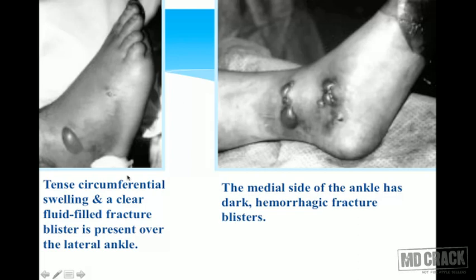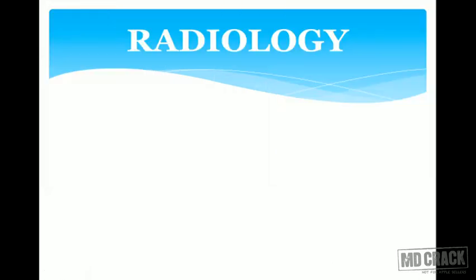Tense circumferential swelling and clear fluid-filled fracture blisters are present over the lateral ankle here, and this is on the medial side. This is not a good sign, and you must not go in for operative management if these blisters are there. You must wait for things to settle down, giving some medications in the form of antibiotics, and then proceed further.